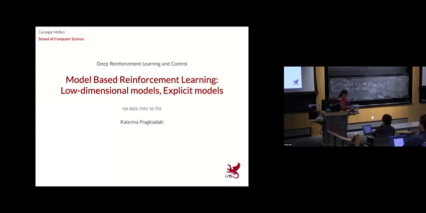Okay, so this is the first lecture of a very big chapter in the course about model-based reinforcement learning. So far, all the reinforcement learning methods that we saw and the imitation learning methods did not try to learn anything about the transitions of the environment, okay?